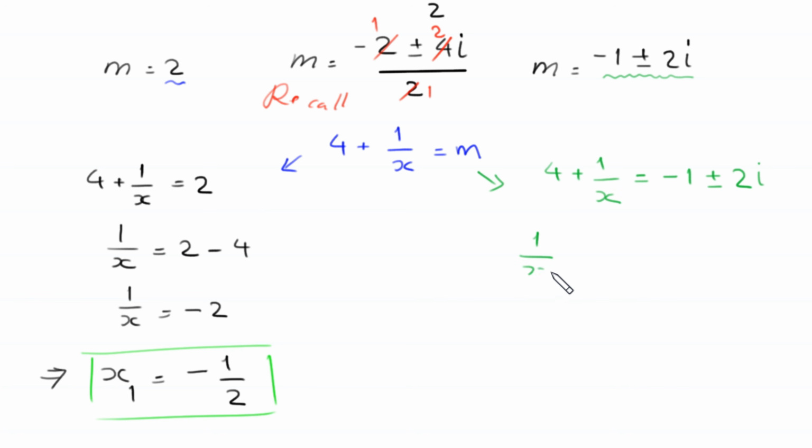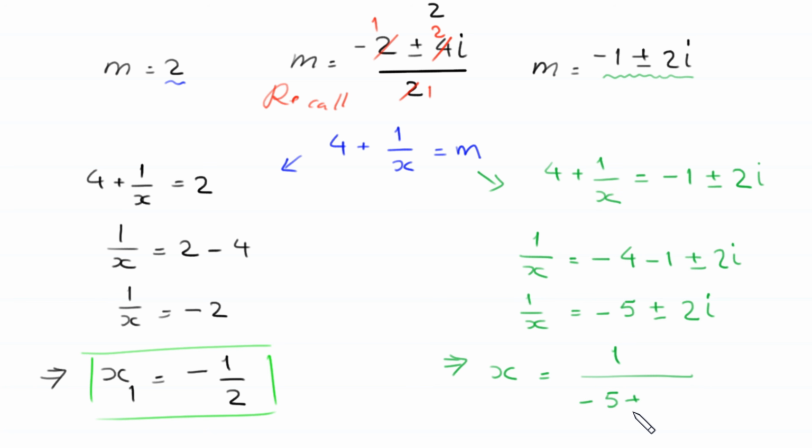So 1 over x is equal to negative 4 minus 1 plus or minus 2i, and 1 over x is equal to negative 4 minus 1, which will become negative 5 plus or minus 2 times i, and this implies that x is equal to 1 over negative 5 plus or minus 2i. This is the second and third value of x. So these are the three solutions of this equation.